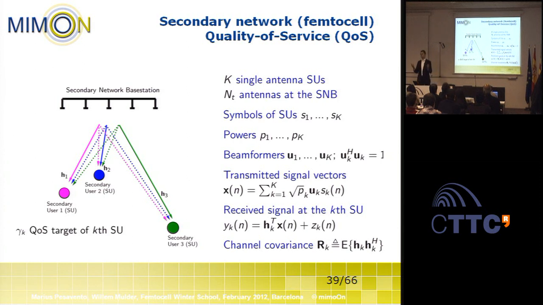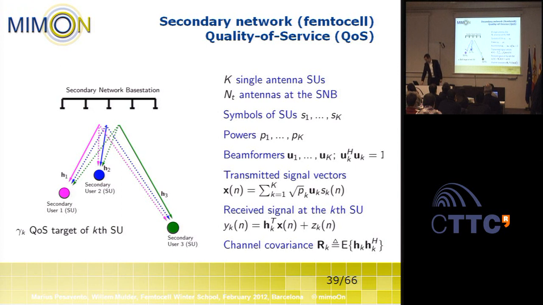So we have a licensed user, which is a primary user. In our context, this is of course the macrocell because it's a privileged user. The operator will be keen on protecting its spectrum and limiting the interference. So the macrocell is the primary user, and the secondary network is the femtocell network.